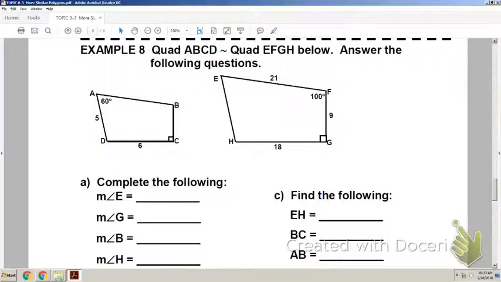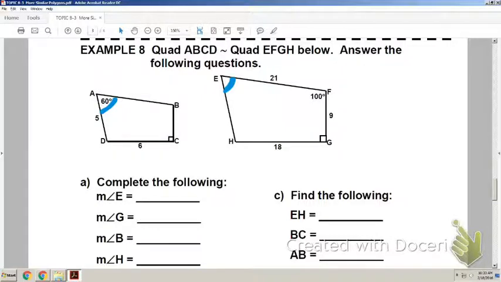Okay, here's another example that I want to show you to help you out. It says quadrilateral ABCD is similar to quadrilateral EFGH below. Answer the following questions. If I'm looking at the measure of angle E, E is corresponding to A, and in similar polygons, corresponding angles are congruent.